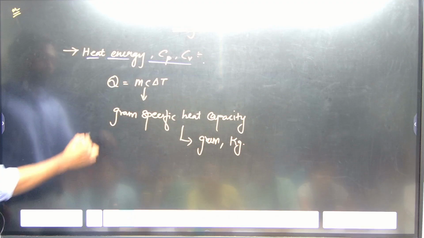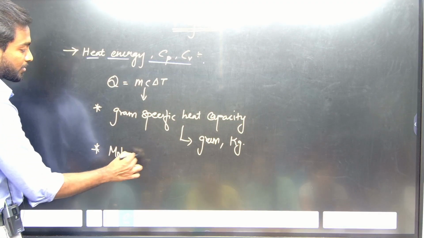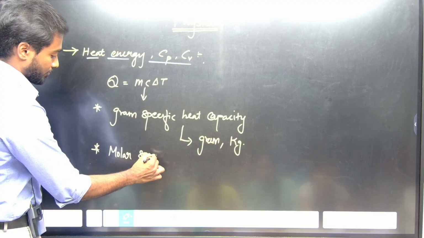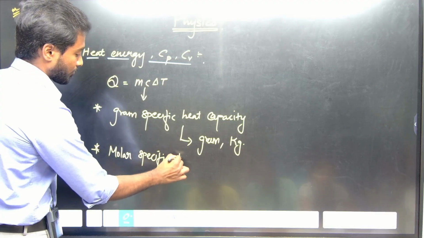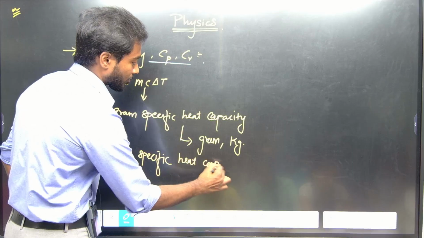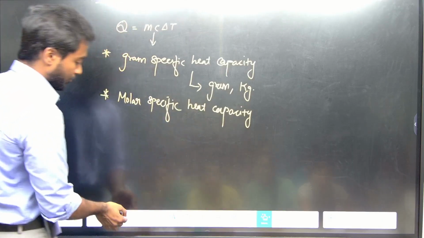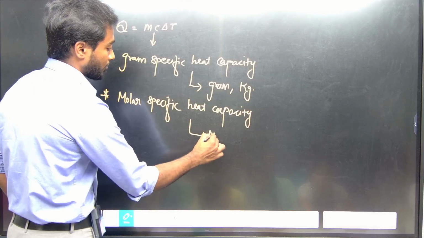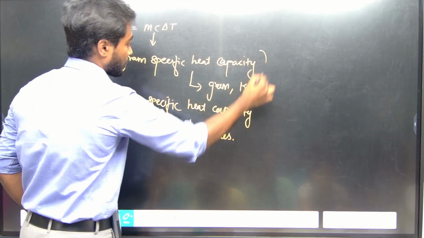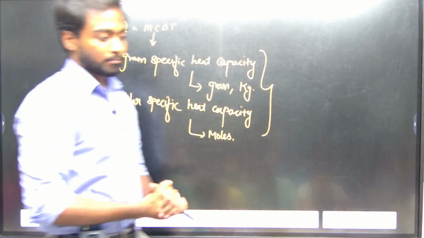The second point is molar specific heat capacity. In this we will calculate in terms of moles. So these are the two terms which we are going to use in today's class.